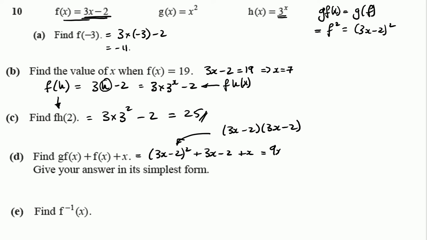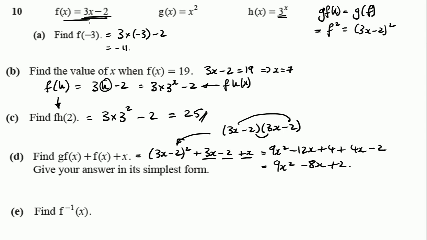That is 9x squared, minus 6x, minus another 6x is minus 12x, plus 4. Plus another 3x minus 2 and another x. Altogether then, that's 9x squared, minus 12x plus 4x is minus 8x, plus 4 minus 2 is plus 2. And that's the simplest form.